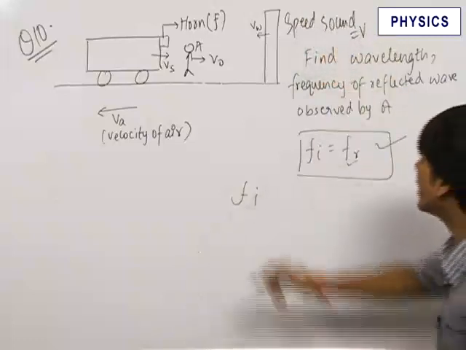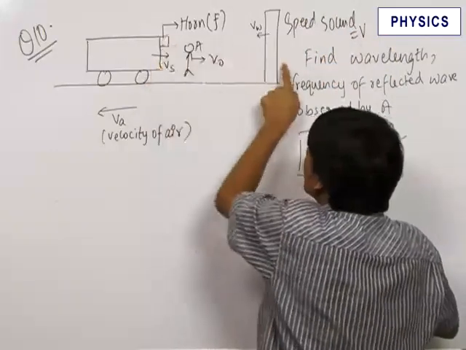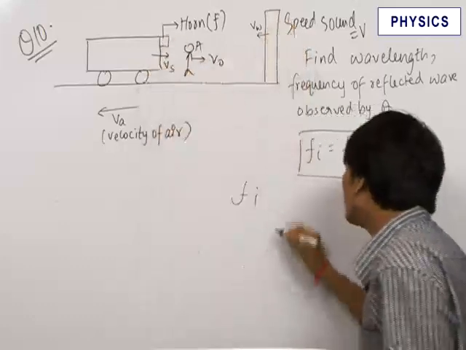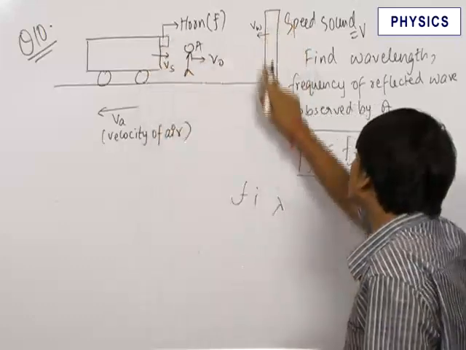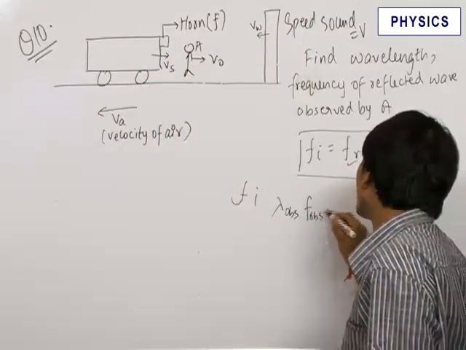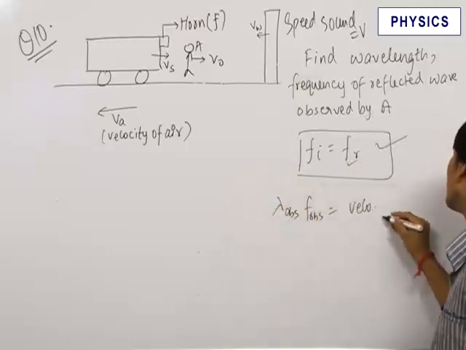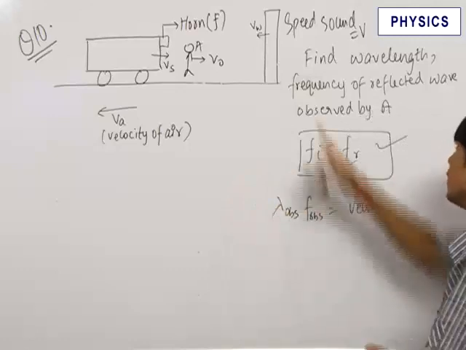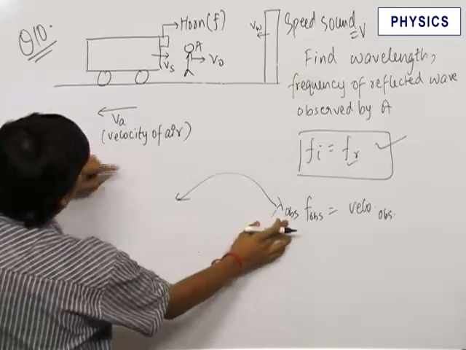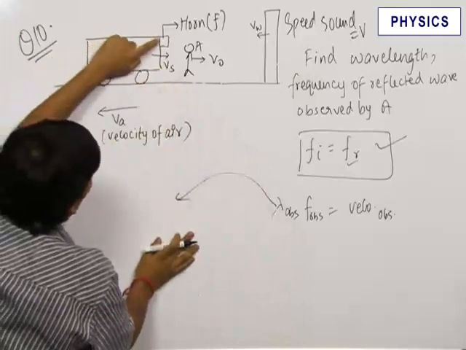Now to find out frequency incident, this is the source for this observer. When we treat this wall as an observer, this is the source. So we can write lambda observed by this wall into frequency observed is equal to velocity of sound with respect to observer, that is the wall in this case. So on substituting the values over here, the lambda observed will be the lambda sent in by the horn on the cart.